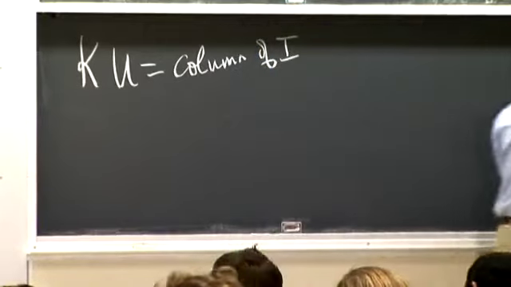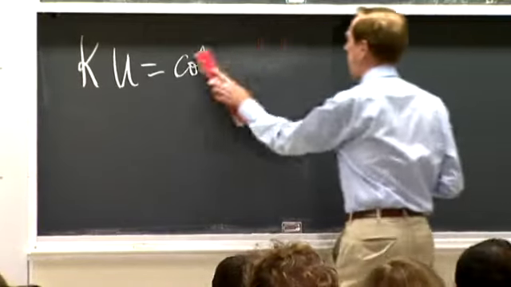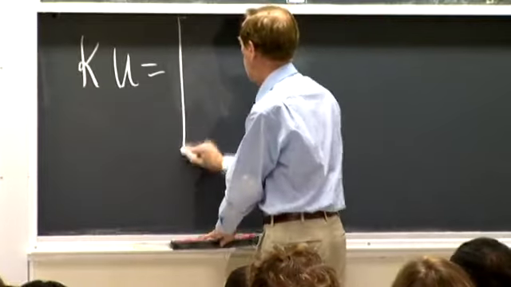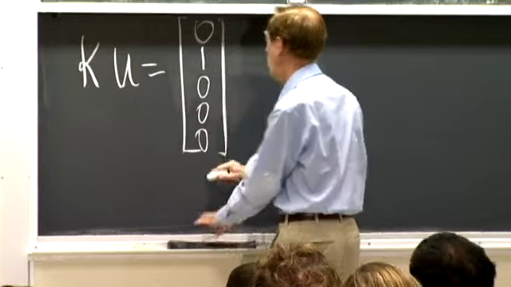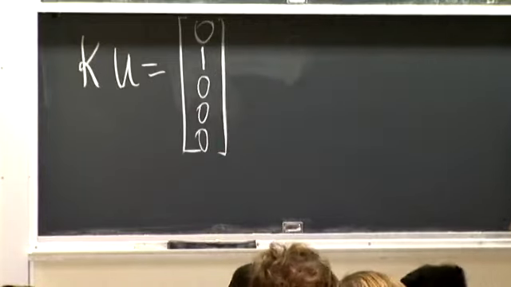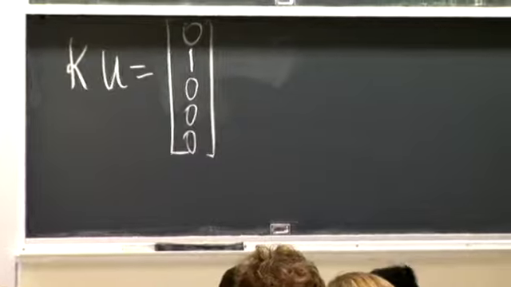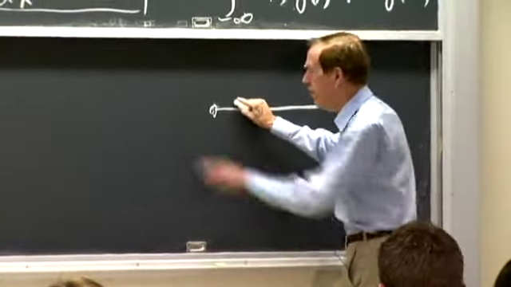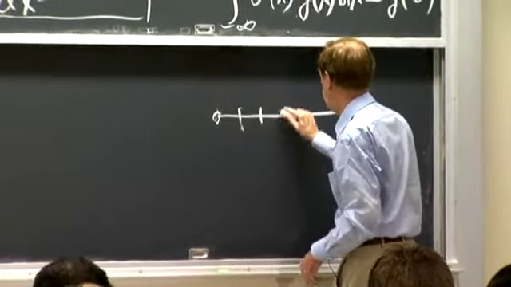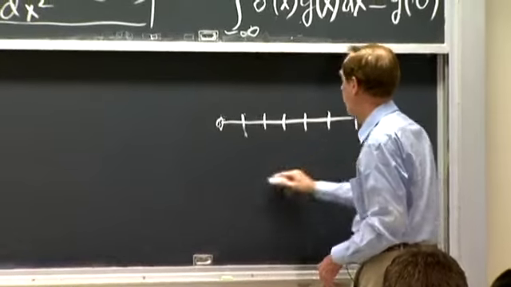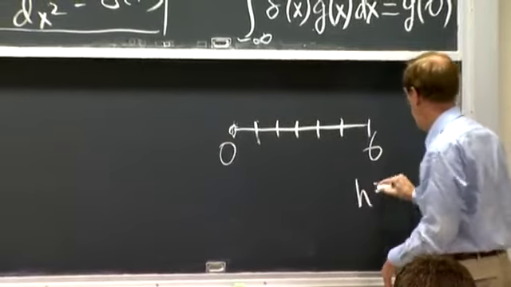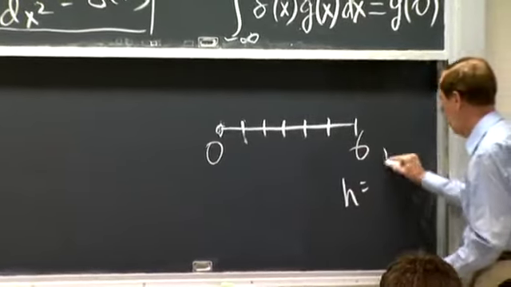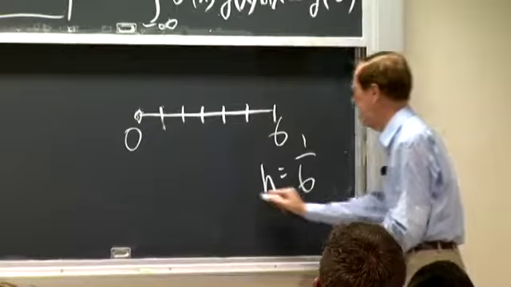Let me take a specific column, say 0, 1, 0, 0, 0. Let's suppose we have 5. I'm going to draw a picture now. We have 5, because I made it 5 by 5. 1, 2, 3, 4, 5. Here is 0, and here is 6. So H is 1 over 5 plus 1, 1/6. That's the delta x.